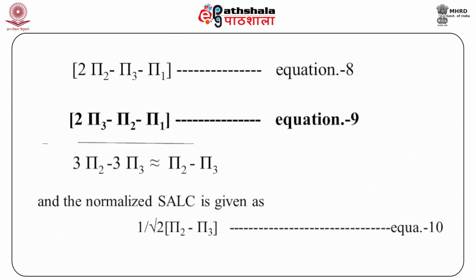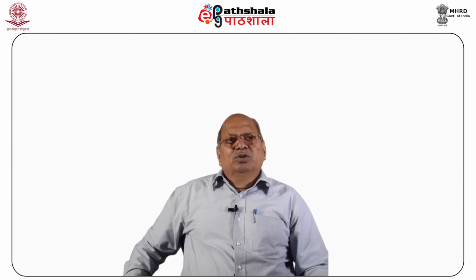Similarly, we can make use of other orbital functions as the basis for finding symmetry adapted linear combinations of molecules. So, in this module, what have we learned? We have learned further about how SALCs are formed, using bond vectors as the basis for finding SALCs, and we have taken the example of the C3V point group, that is the ammonia molecule, in which we used the NH bonds, that is R1, R2, R3, as the bond vectors.